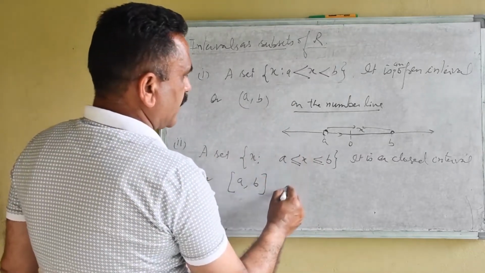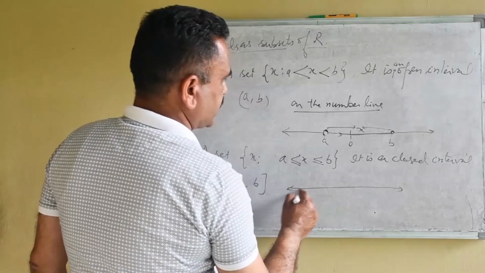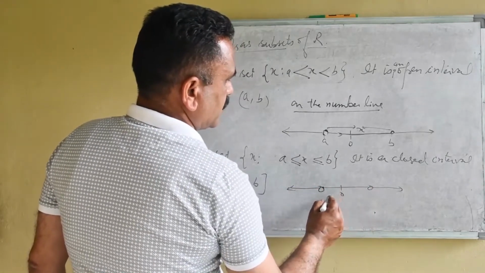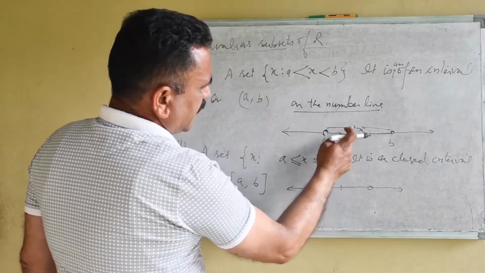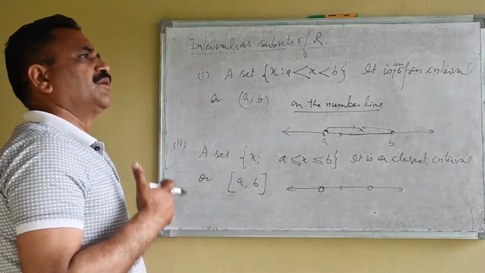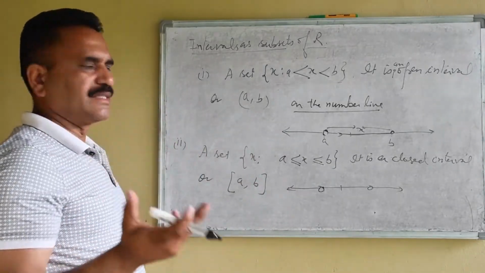So on the number line, suppose we write a and b. Here we need not write 0, because a and b are arbitrary; both may be greater than 0, both may be less than 0.